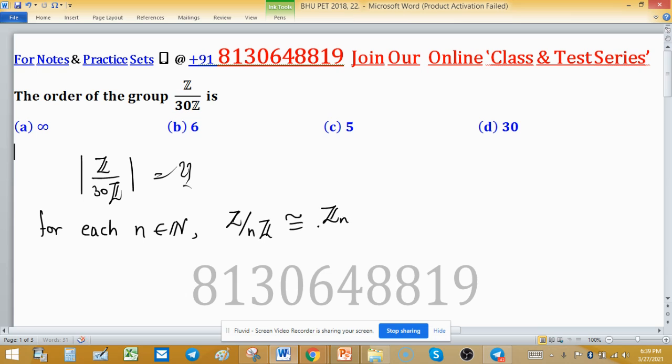This is a result, or you can say a theorem. So Z over 30Z is isomorphic to Z30, and we know that the order of this is 30, because two isomorphic groups have the same order. So the order of this one will be the order of that. So the true answer is option D.